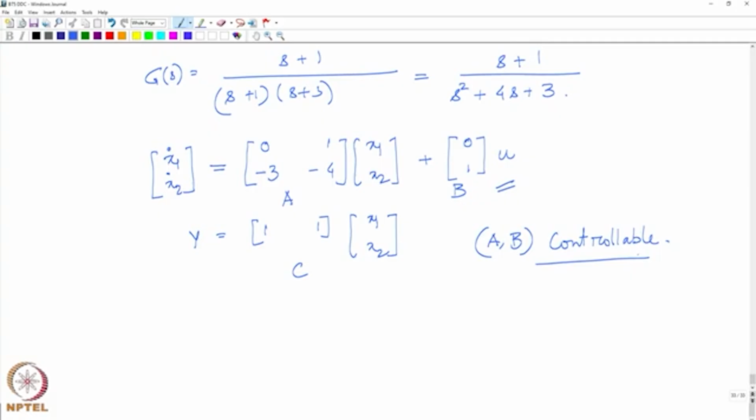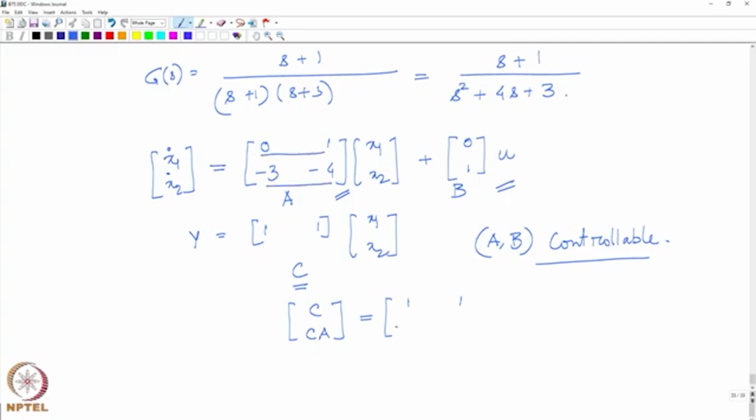Is this observable also? Well, I tell you that it is not observable, because if you look at C and CA, the observability matrix, what do you get? C of course is [1 1], but CA is [1 1] multiplying the A matrix, which is nothing but the row obtained by adding these two rows.